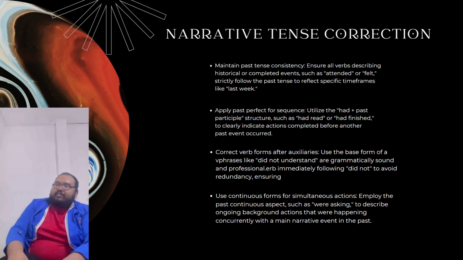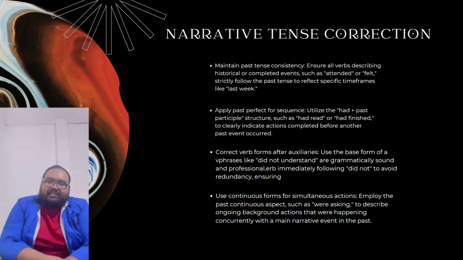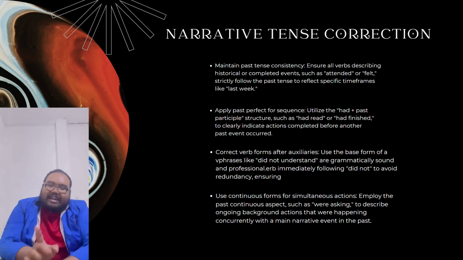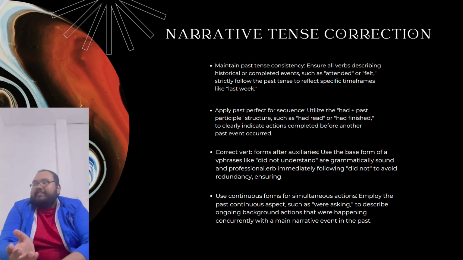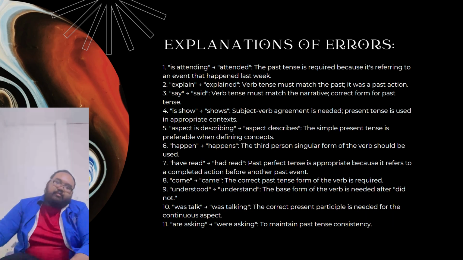Use continuous form for simultaneous actions. Employ the past continuous aspect, such as we were asking, to describe ongoing background actions that were happening concurrently with the main narrative event in the past.